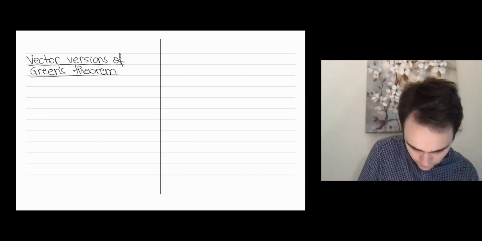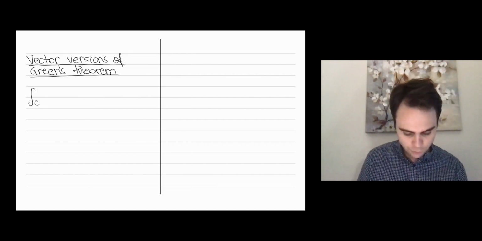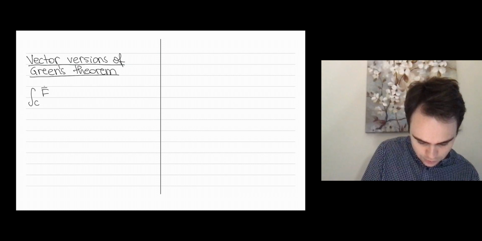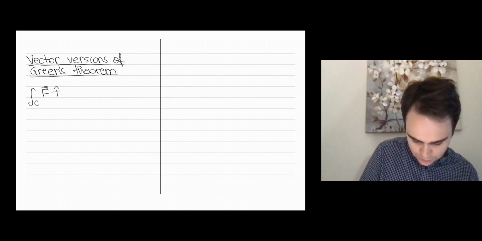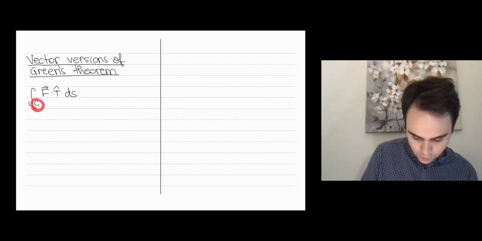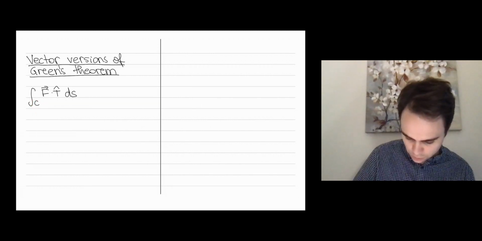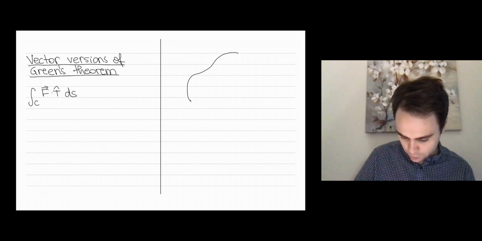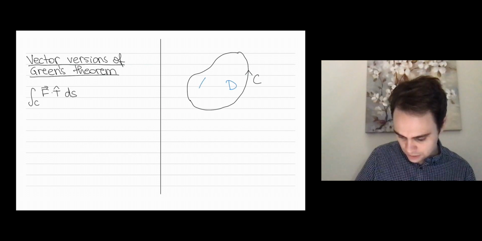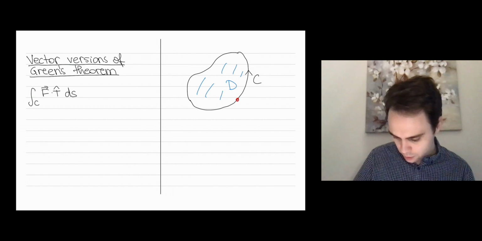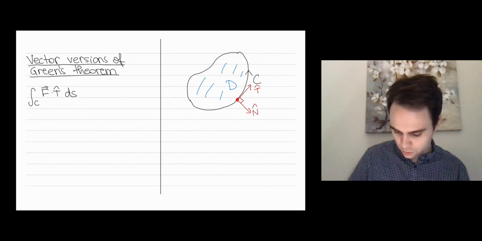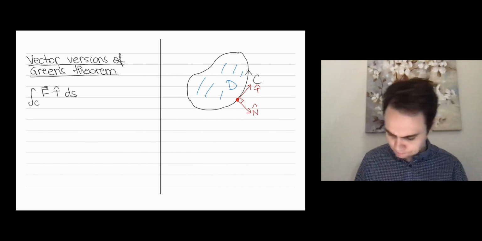So let's do that. The first version of Green's theorem using vector notation is this. You do a line integral over a closed curve C. In both situations we're going to have a curve C, and we have D, the region inside, and for each point in the curve we look at the unit normal and the unit tangent, and the outward unit normal, which is to the right of the unit tangent.